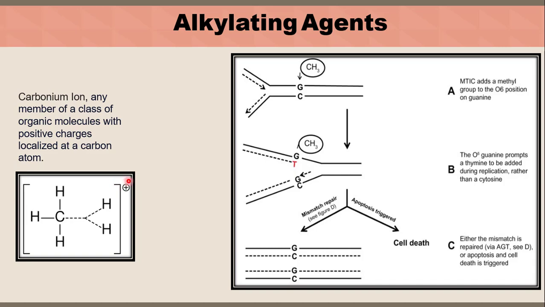The MTIC adds a methyl group to the O6 position on guanine. As a result, the O6-methylguanine prompts a thymine to be added during replication rather than a cytosine. Afterwards, the cell has only two options: mismatch repair, or apoptosis is triggered, leading to cell death.